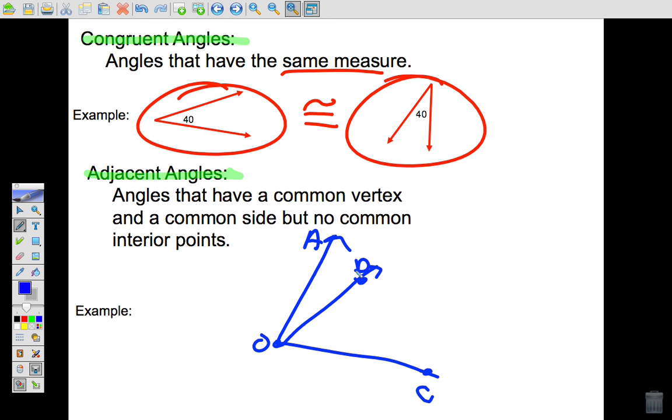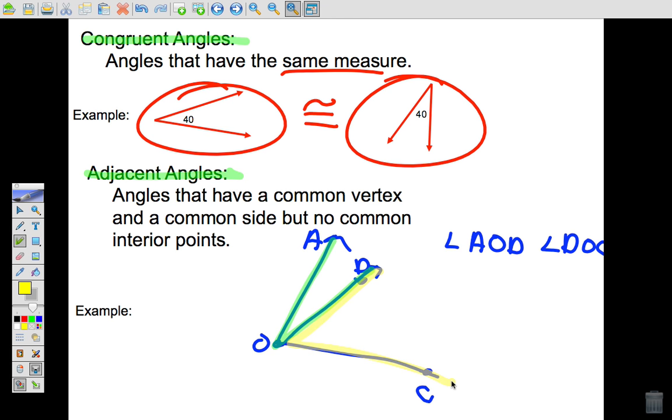Now, adjacent angles are this. And I'm going to outline these. So say I have angle AOD, and say I have angle DOC. I'm going to outline, or highlight, those. So angle AOD is this one, and angle DOC is this one.